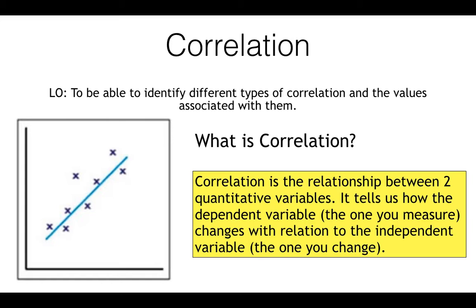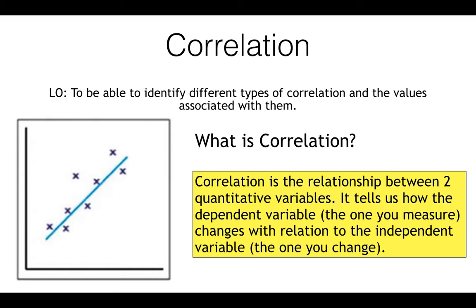Now remember, we use these words at the beginning, quantitative and qualitative. Qualitative tells us the qualities, it's things like colours. So it doesn't tell us numbers. Quantitative gives us values, and for correlation we must have numerical values.